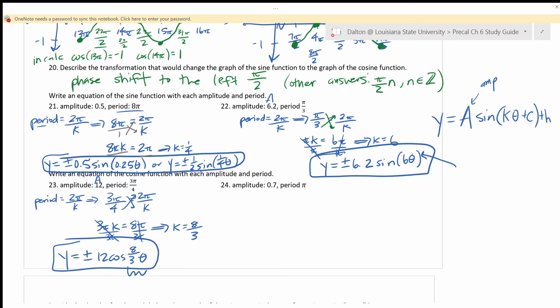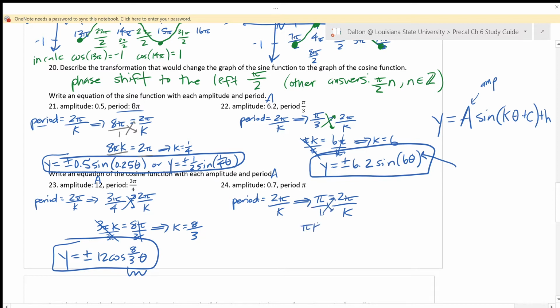I got an amplitude of 0.7, and then I've got a period of pi. So if my period is 2 pi over k, but we know the period is pi, then pi equals 2 pi over k, which logically thinking, hopefully k is equal to 2. If you can't see that, cross multiply.